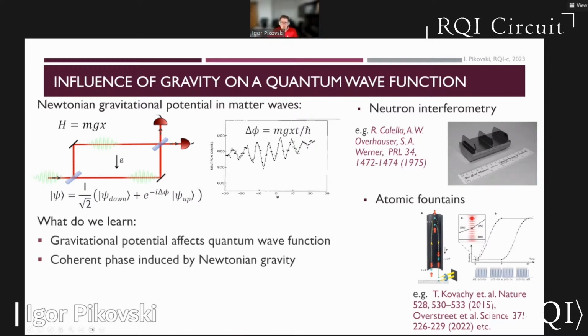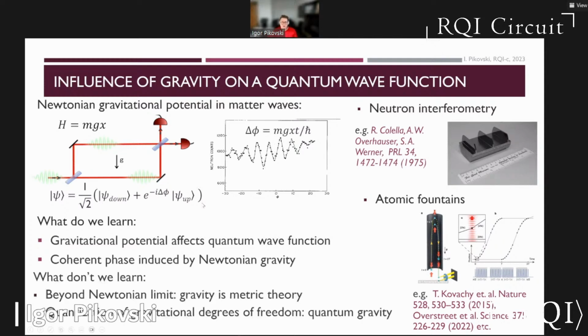So what we learn from such already performed experiments is that we can add gravity in the same way as we add other interactions into our description of quantum systems, as an external potential. And it does change something uniquely quantum mechanical. It coherently induces a phase shift, which is given by the Newtonian gravitational field, or one can extend it even to the tidal forces and so forth, which has been recently done.